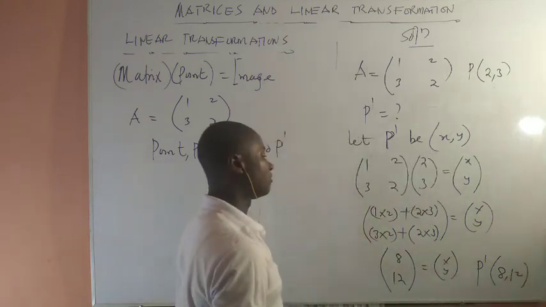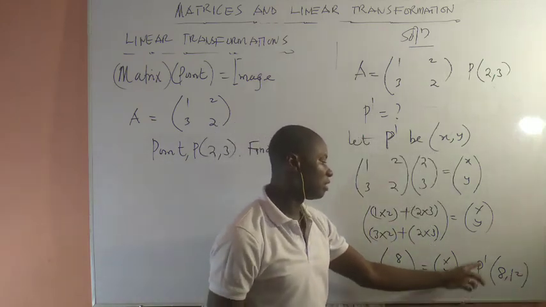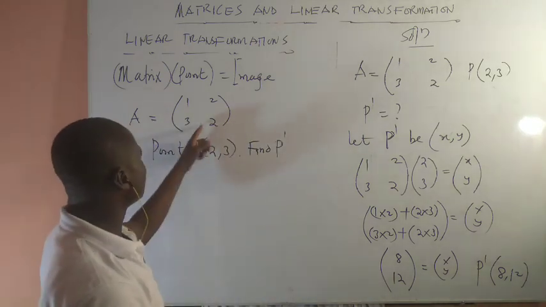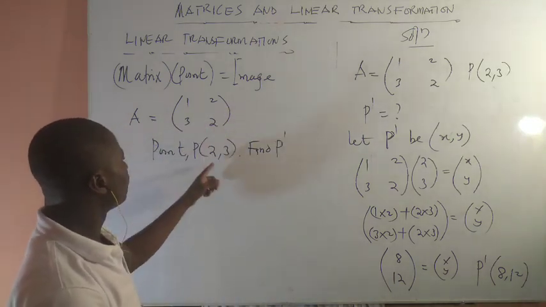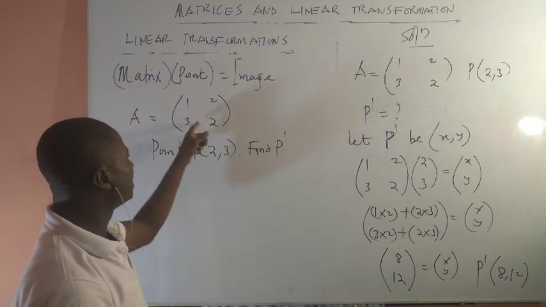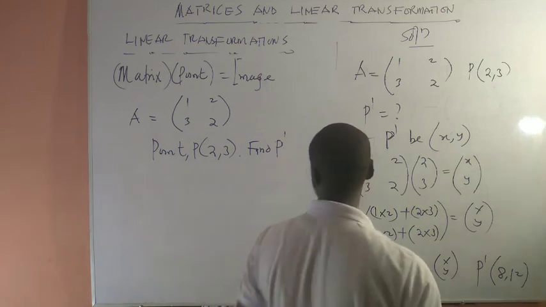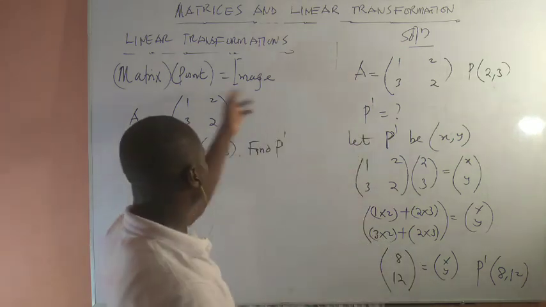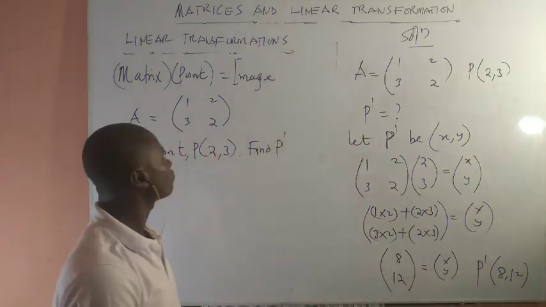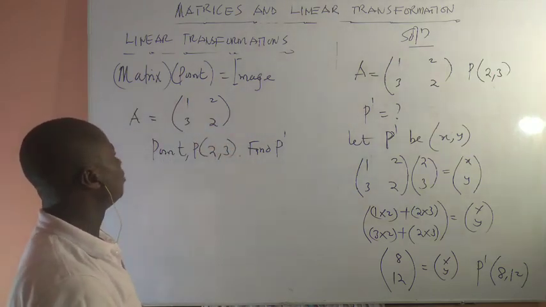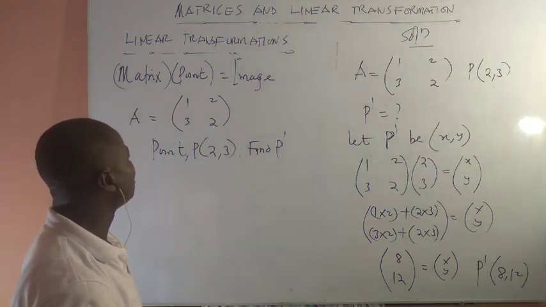So transforming the point P, 2, 3, under this matrix, you are getting 8, 12. That is how we find the image when you are given your point and the matrix.